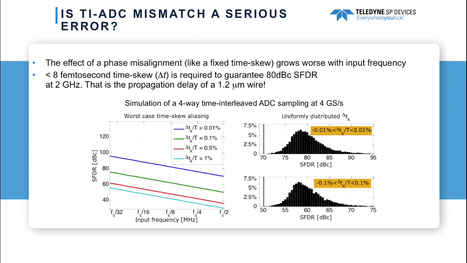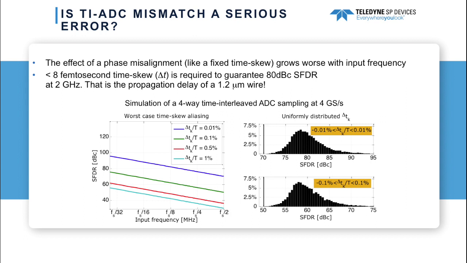We're not considering the worst-case situation, but rather a more uniformly distributed time skew error. Monte Carlo simulations can provide a good idea of the achievable performance. The bottom right histogram shows such simulations for uniformly distributed time skew of 0.01% and 0.1% of the sampling period respectively, as well as the worst case aliasing for each case corresponding to the blue and green curves in the left-hand plot of the 2 GHz input signal.